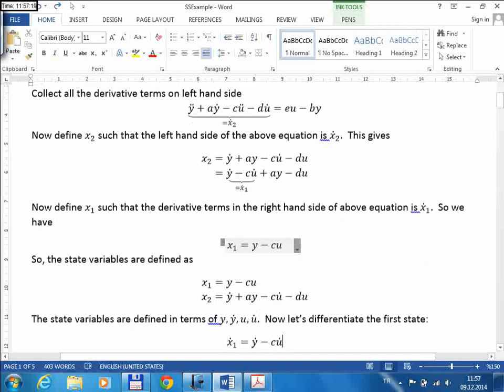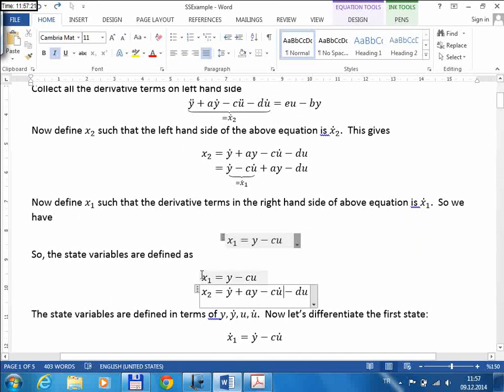Okay, now these are my state variables. I need to obtain state equations, and state equations are the derivatives of these two state variables. So I differentiate these equations. First, I differentiate the first state variable, x1 dot is equal to y dot minus cu dot.